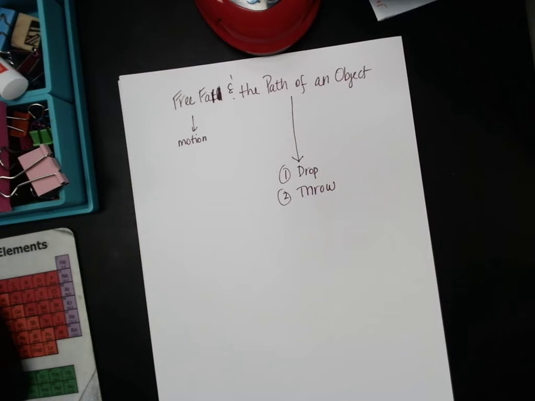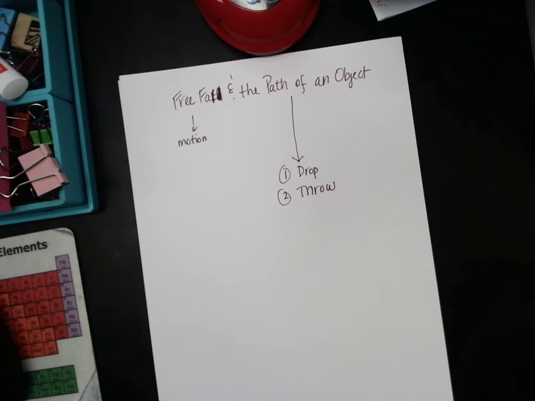I can think about something falling off a window ledge. We had a problem earlier about something that dropped off of a building. Those things are being dropped, so they're starting with an initial velocity of 0. When something is thrown or kicked, let's say that I throw the football, it leaves my hand with some initial velocity. So in those cases, VI has some number attached to it, not 0.